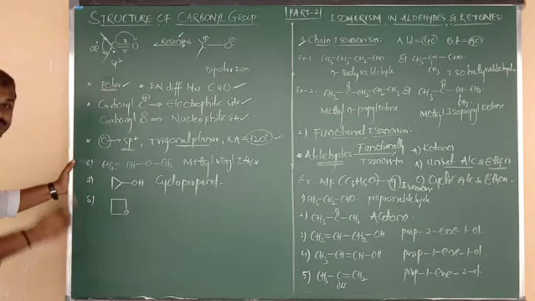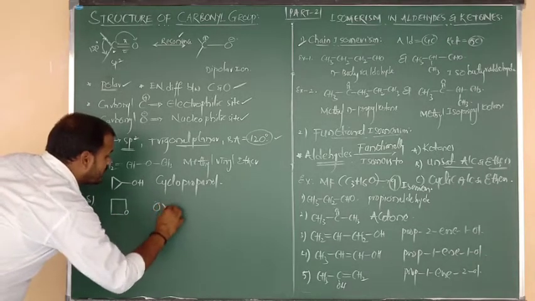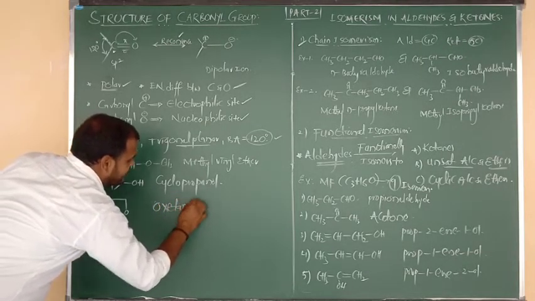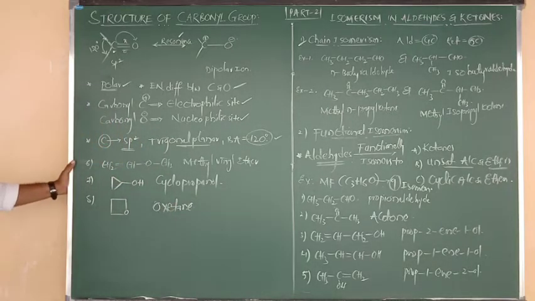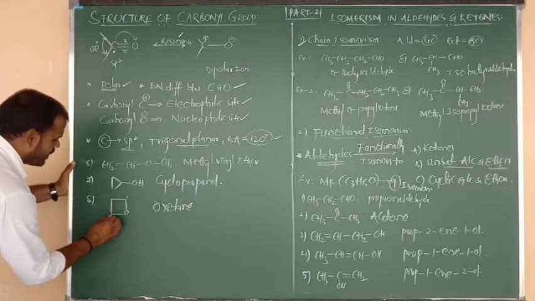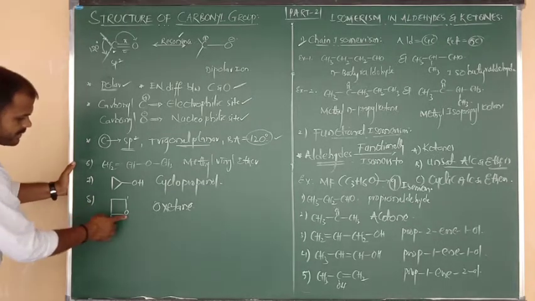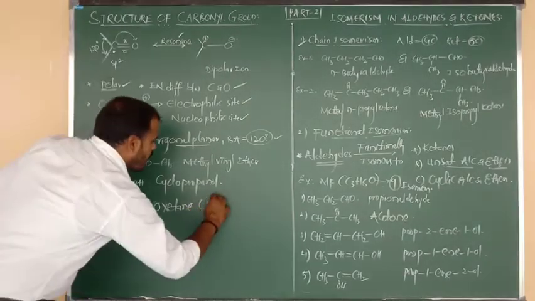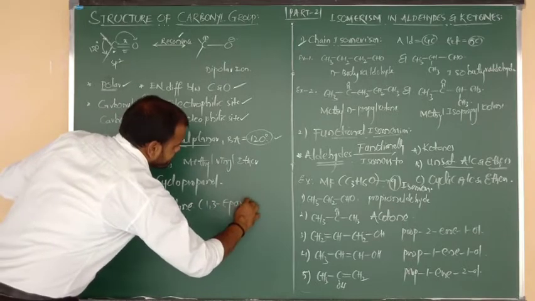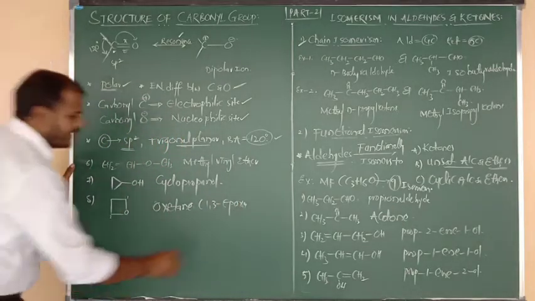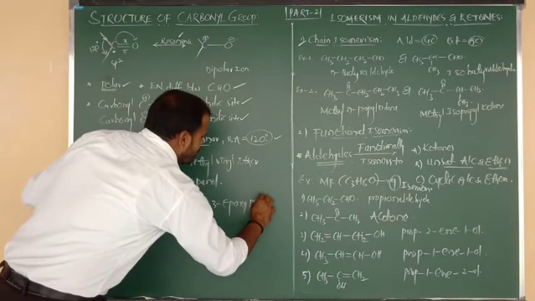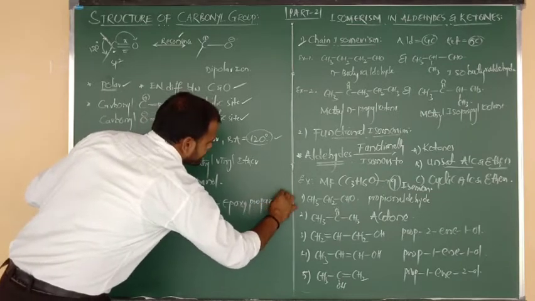So what is the cyclic ether name? 4-membered cyclic ethers are known as oxetane. I have told you. Okay na? And also we can write this is first carbon, second carbon, third carbon. 1, 3 connected to epoxy. Total 3 carbons, we can say propane. So 1,3-epoxypropane.